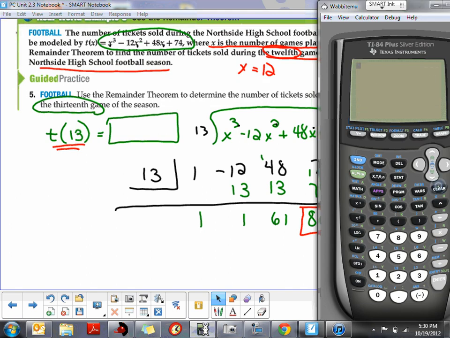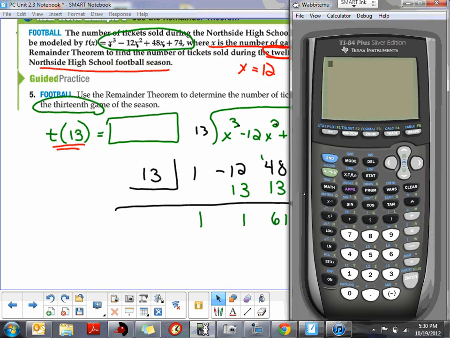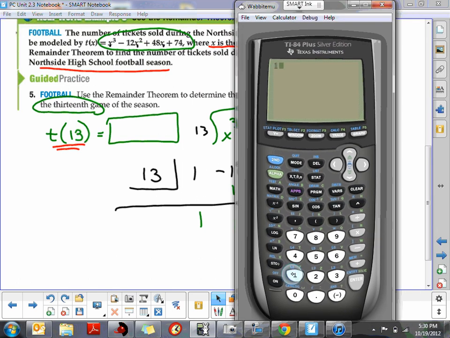So I'm going to clear that screen off, and now we're going to go 13 raised to the third power. We're going to subtract from that 12 times 13 squared. And then we're going to add to that 48 times 13. And then add 74.